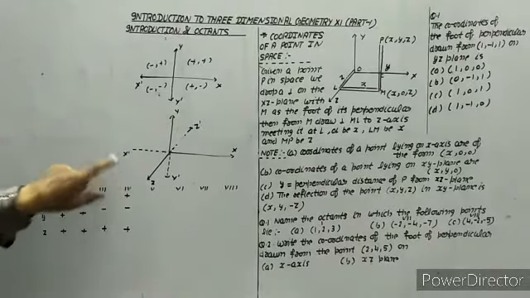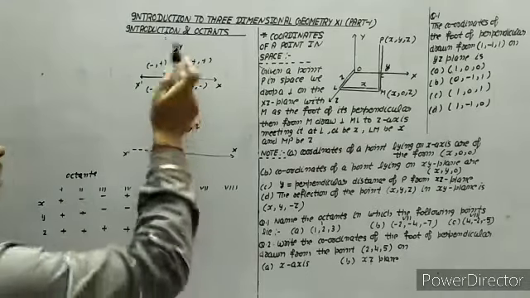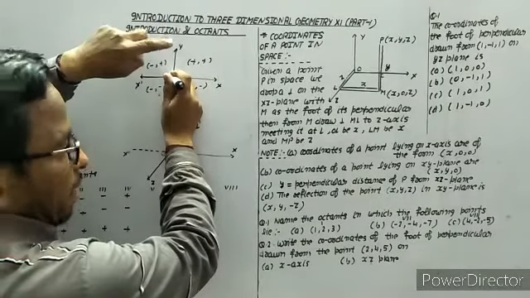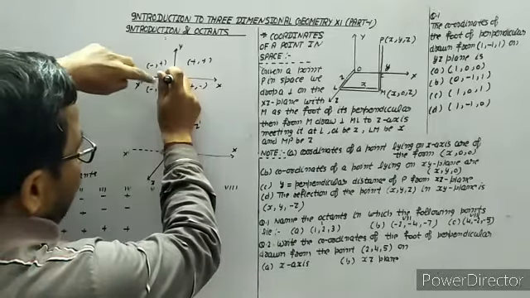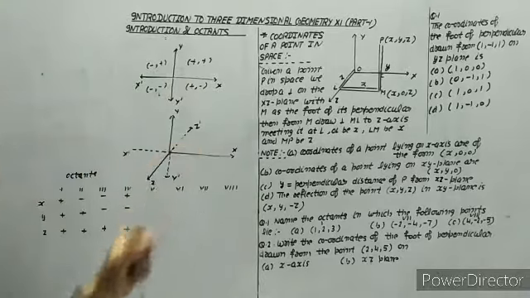This will be the sign convention in the fourth octant. This part is the O, x, y, z plane. In this part, the O, x dash, y, z plane. In this way, we get the 8 planes.